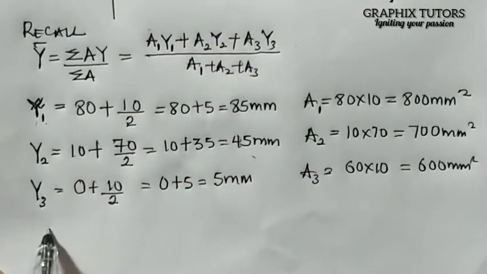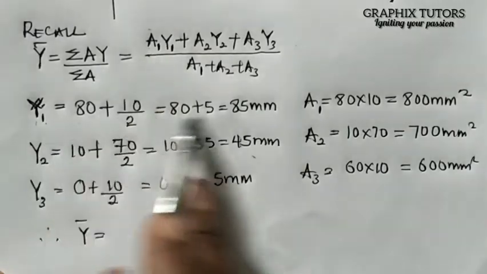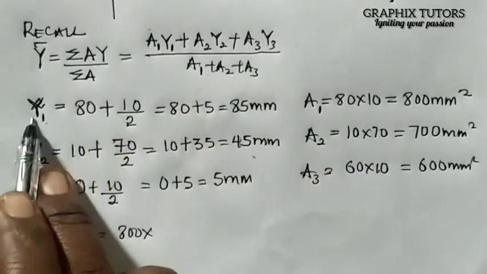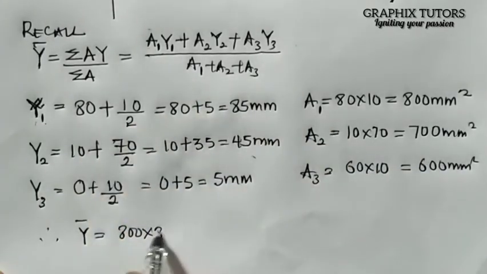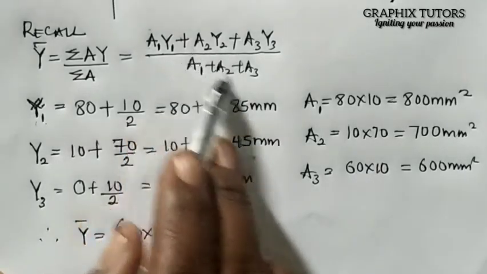So therefore we are going to input this into this formula. You now write that therefore my y bar will be equals to A1. What is A1? A1 is 800 multiplied by y1. What is y1? Y1 is 85. Close the bracket. Plus A2. What is A2?